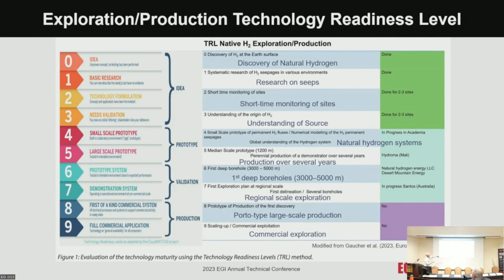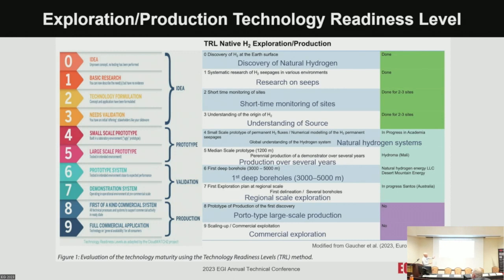So we have this example from Mali, and then we have these companies working in the United States, which have already drilled deep boreholes for exploration of natural hydrogen. And for regional scale exploration, we have one in Australia.